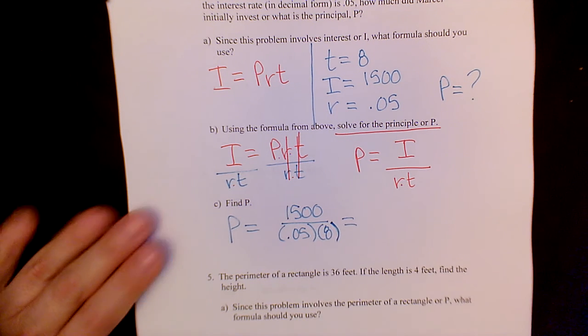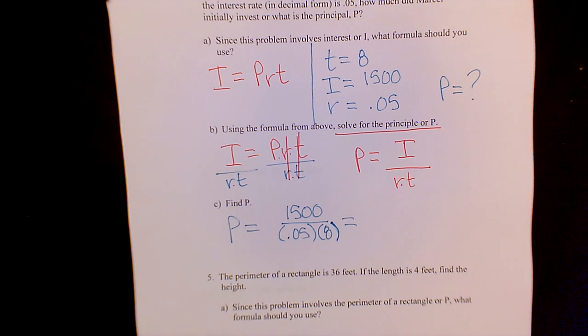Now, I'm just putting these in parentheses, these two things on the bottom. You don't have to. And then we're just going to throw all this in the calculator and see how much money did we invest. Or we could multiply 0.05 times 8 first and then divide by 1,500. However you want to go, however you want to go.